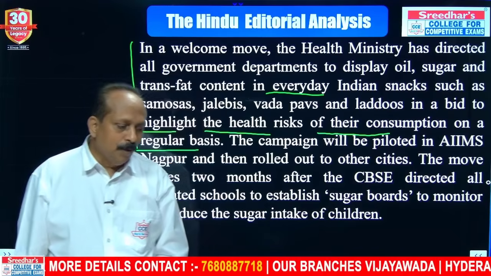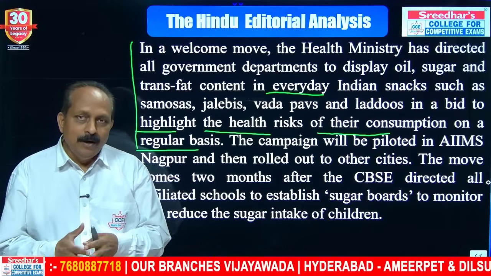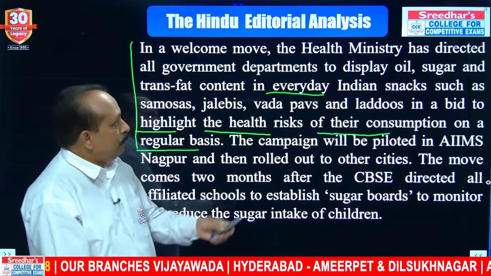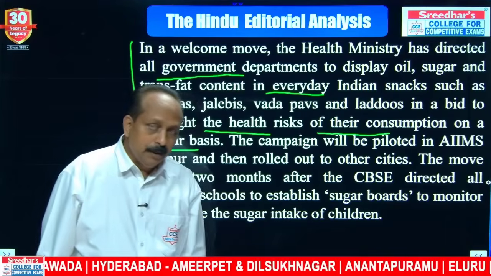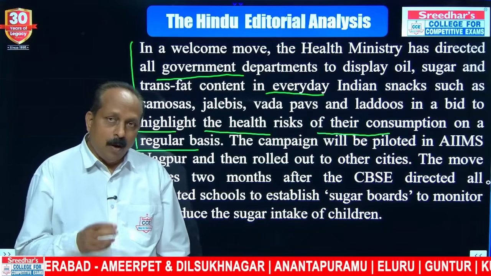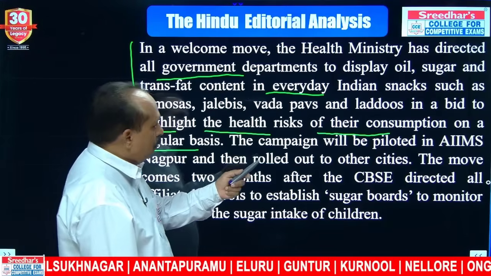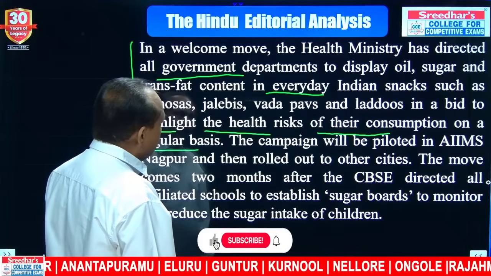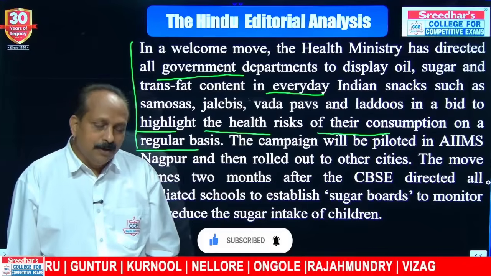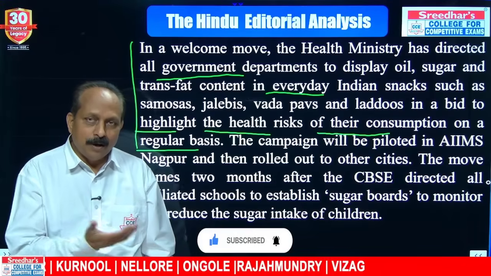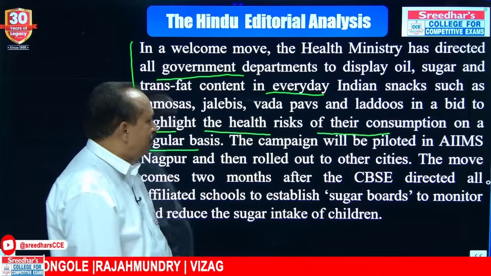This sentence talks about the Health Ministry having directed government departments. Directed to do what? Display oil, sugar and trans fat content in everyday Indian snacks. What are everyday Indian snacks? Like mentioned already, vada pav, bhaji, laddu, samosa, jalebi, all these.